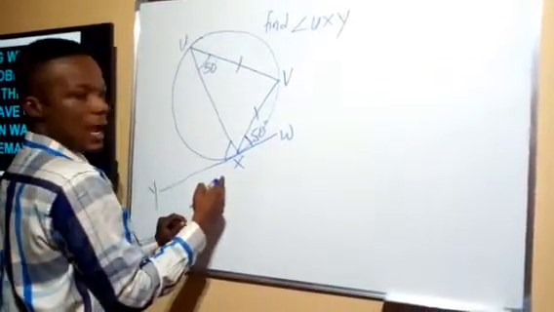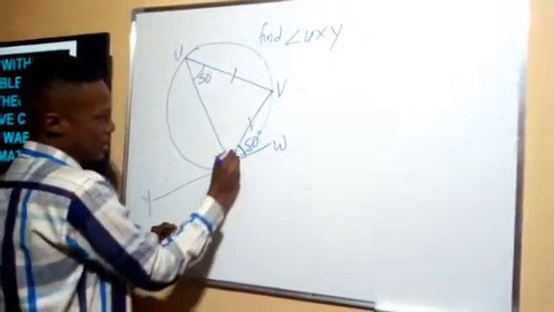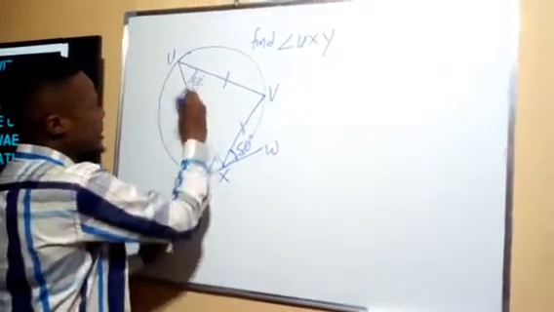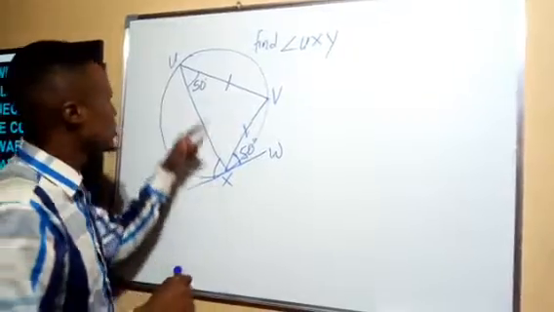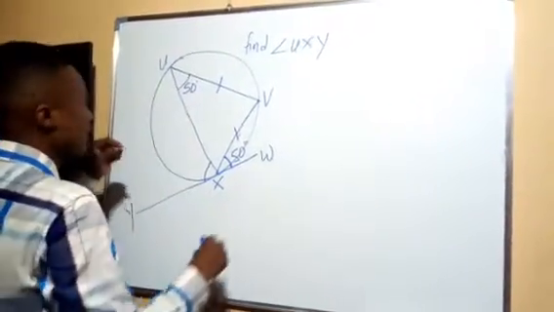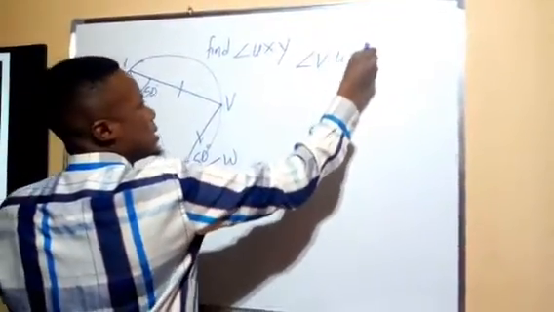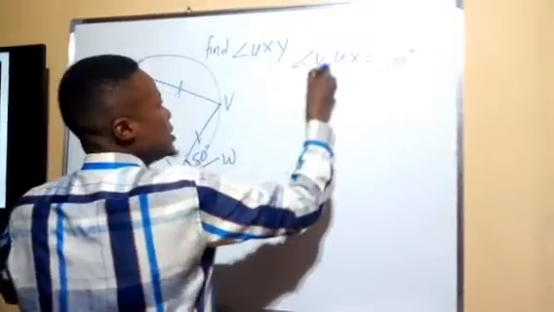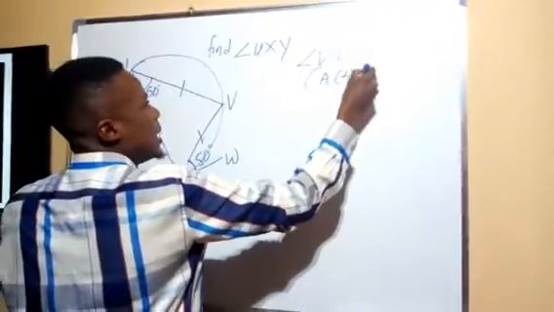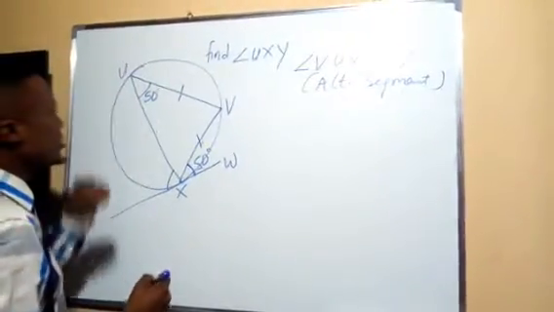We call it angle between a chord, this is a chord, and this is a tangent. The angle between a chord and a tangent is equal to the angle in the alternate segment. So if here is 50, here is 50. Therefore, you can write that angle VUX is 50 degrees, alternate segment. Okay, so here is 50 degrees.